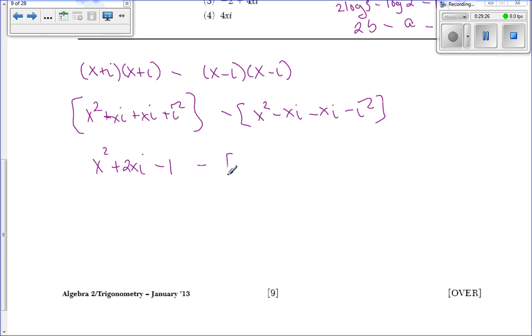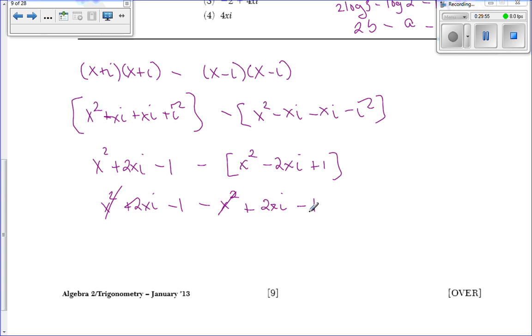Minus x squared minus 2xi. i squared is negative 1 times the negative, so it's plus 1. So I have x squared plus 2xi minus 1 minus x squared plus 2xi minus 1. Well, my x squareds cancel each other out.